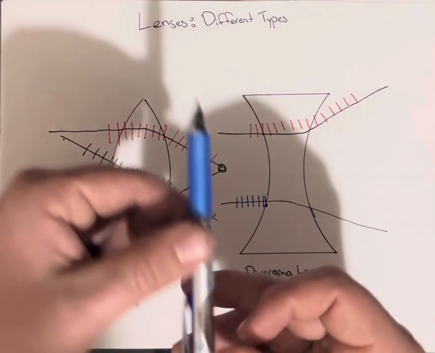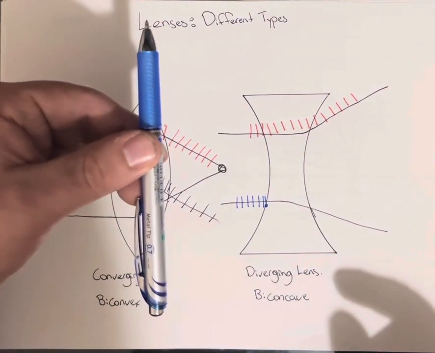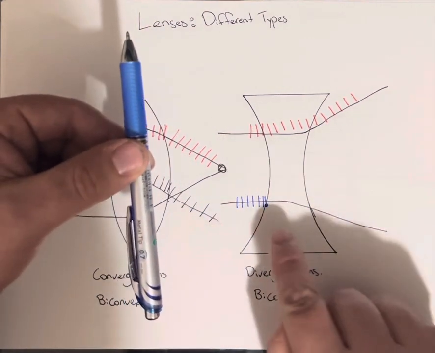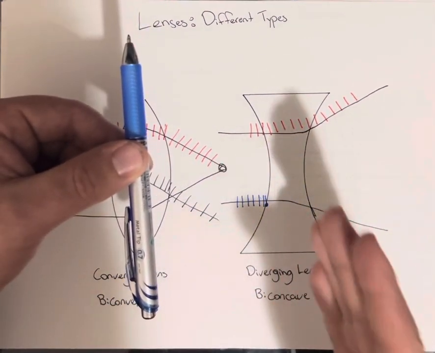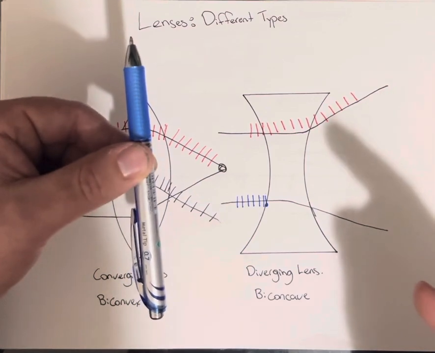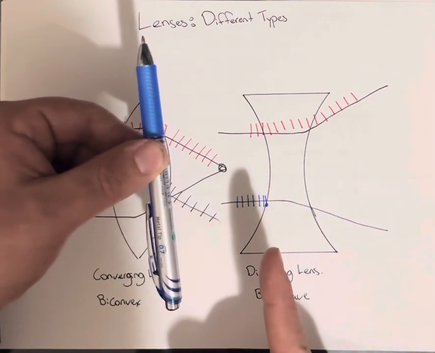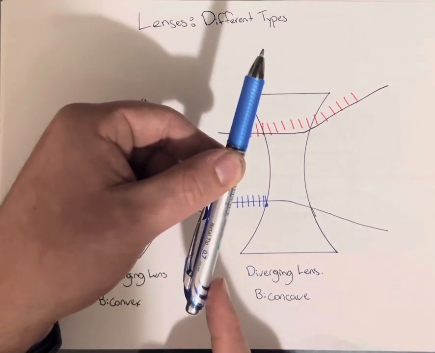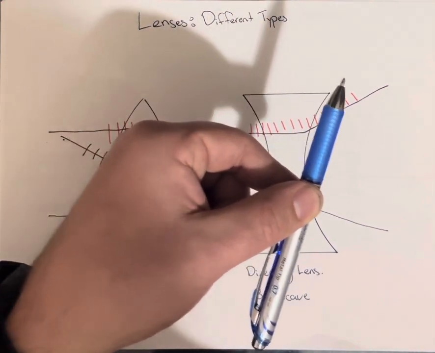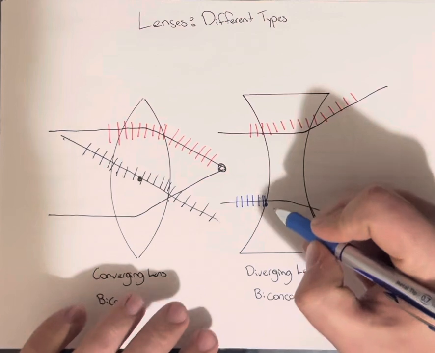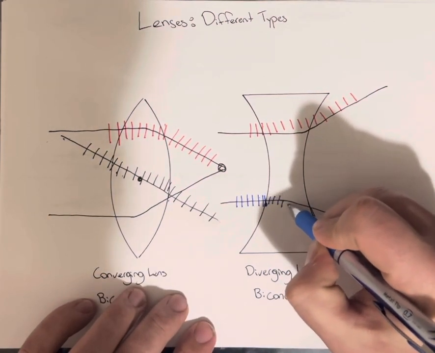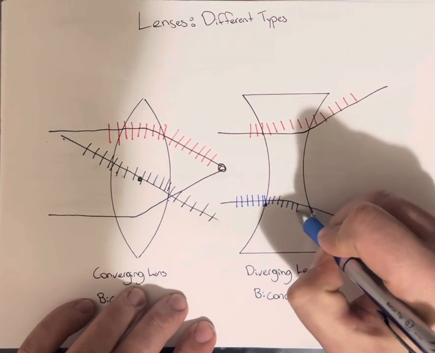We used the pen example before, and I'll use it once again. When that individual wave is passing through, the bottom side of that wave is going to contact the lens and slow down before the top. And so as that slows down, it is ever so slightly going to change the direction of that wave, and it is going to start moving slightly downwards towards the edge of this individual lens.